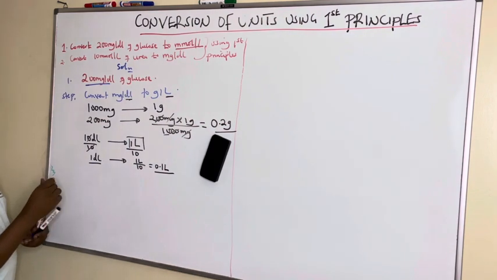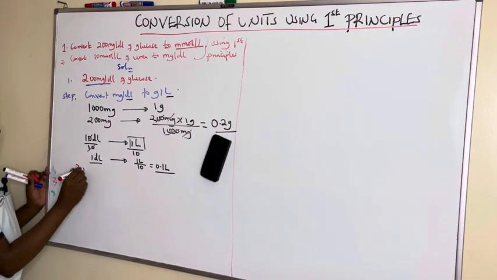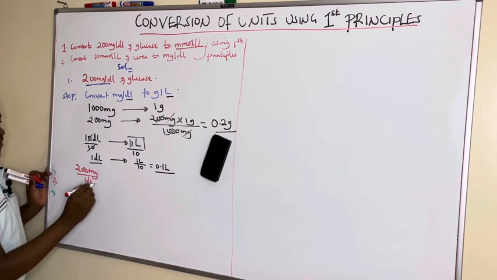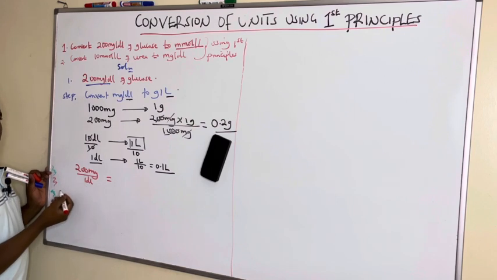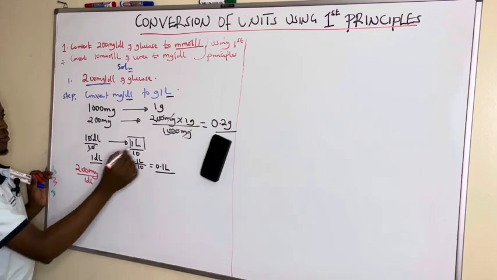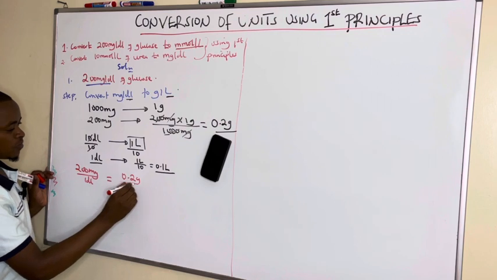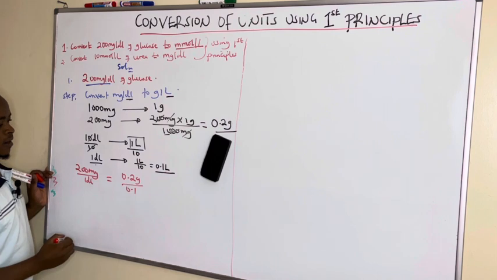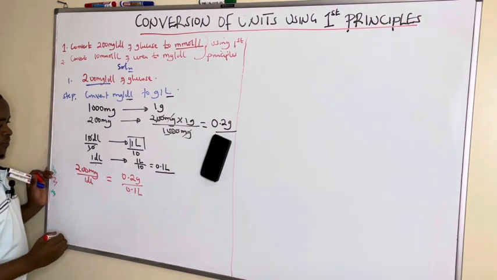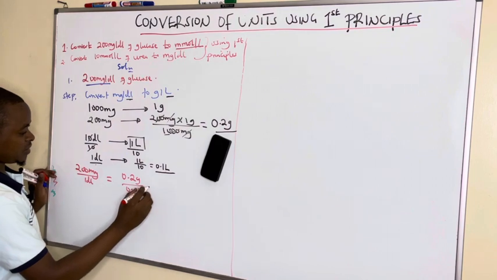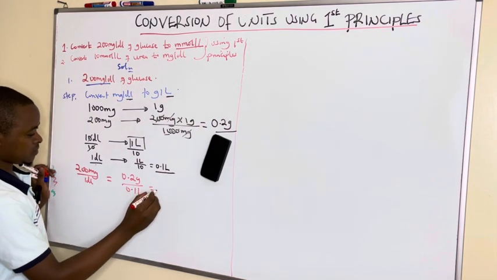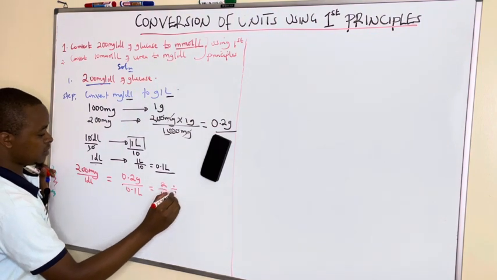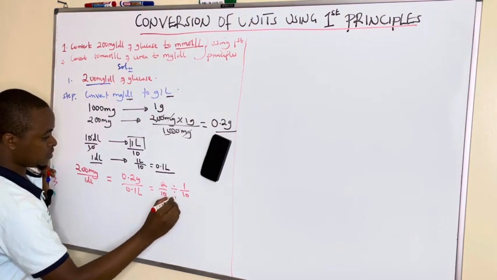So 200 milligrams per deciliter, where per means divided, is the same as 0.2 grams where there is 200, and 0.1 liter where there is 1 deciliter. This is the same as 2 out of 10 divided by 1 out of 10.